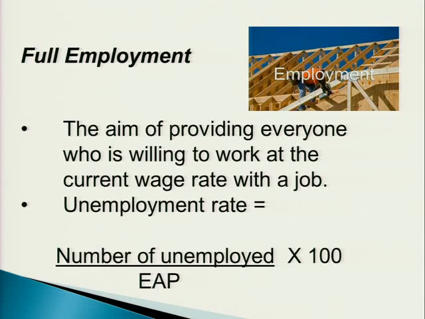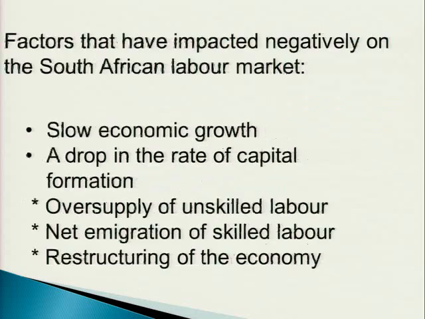It was not possible, so let us see here, how do you calculate unemployment? You take the number of unemployed people, you multiply it by 100 and you divide it by the EAP. What is the EAP? Economically active population. In other words, the people that are able to work, the workforce of the country.